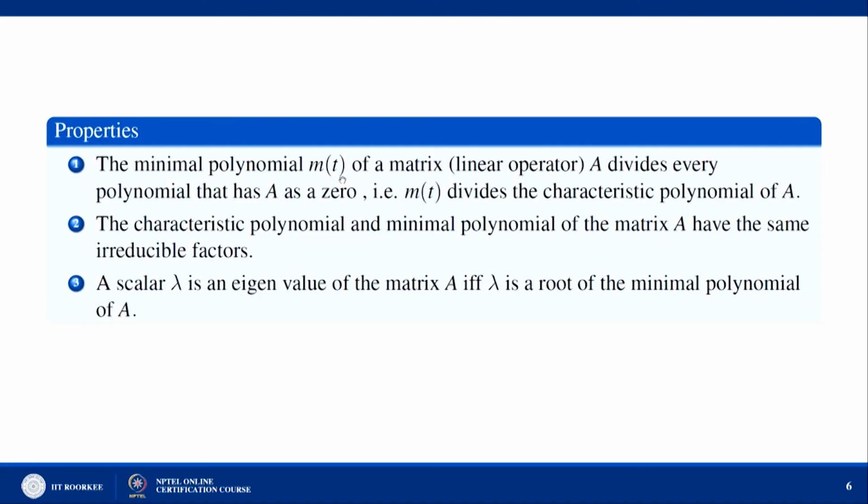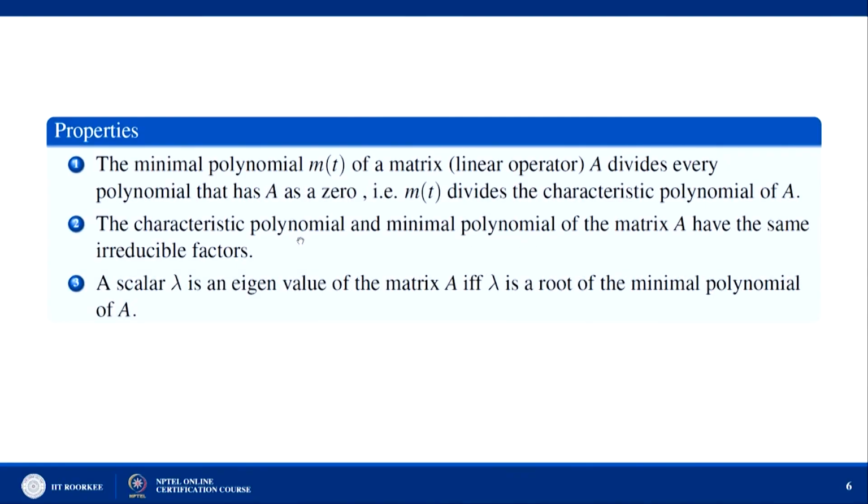So, what are the properties of the minimal polynomial? Number 1: the minimal polynomial m(t) of a matrix A divides every polynomial that has A as a zero, that is, m(t) divides the characteristic polynomial of A. So, the minimal polynomial always divides the characteristic polynomial.